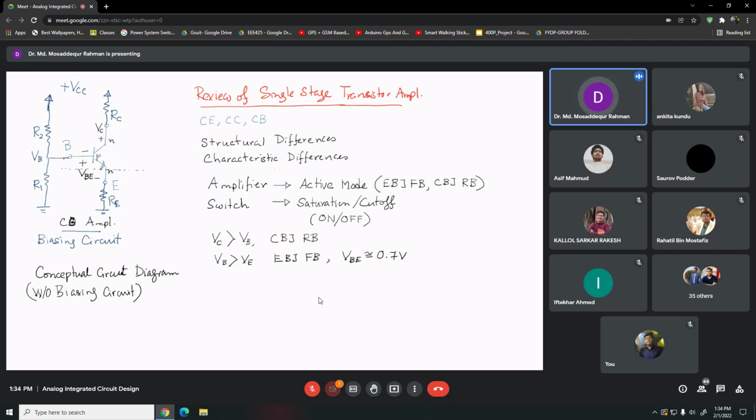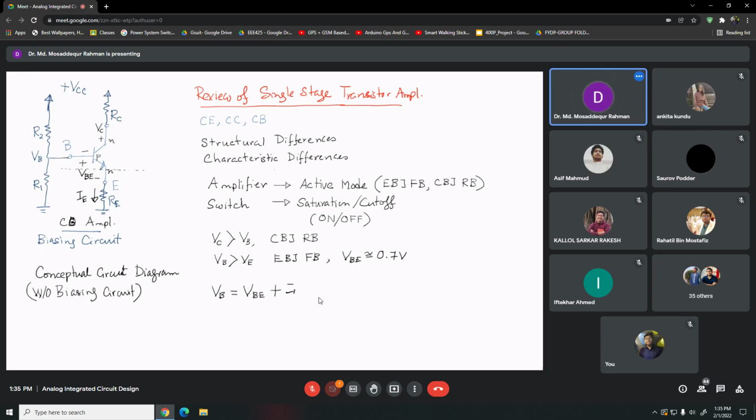So we have to ensure that the base voltage, VB, has to be greater than VE by 0.7 volts. A current will be flowing here, the emitter current, which you can denote by IE.